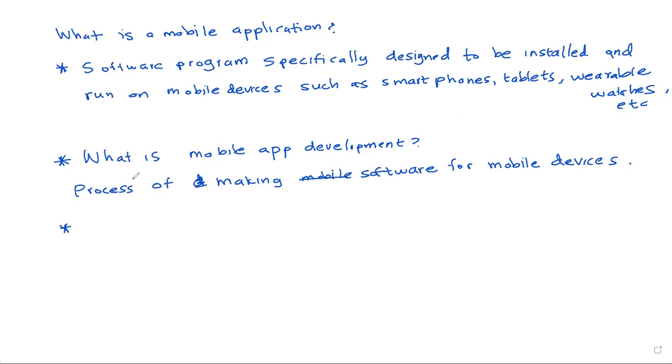And then what are the different types of mobile applications that are available, and what is the difference between a mobile application and a web app? We will learn about that next.